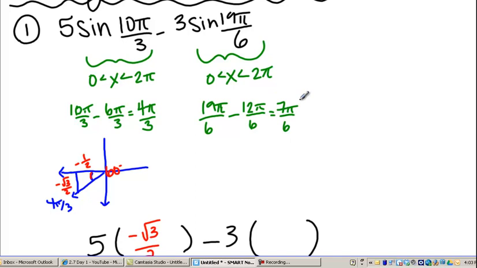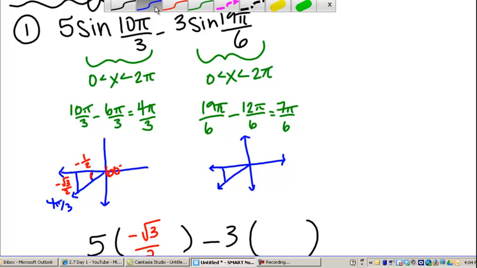So our new angle we're looking at is 7 pi over 6. Again, this angle is going to be in the third quadrant. If you're looking at your unit circle, you should have it labeled that it's in the third quadrant.